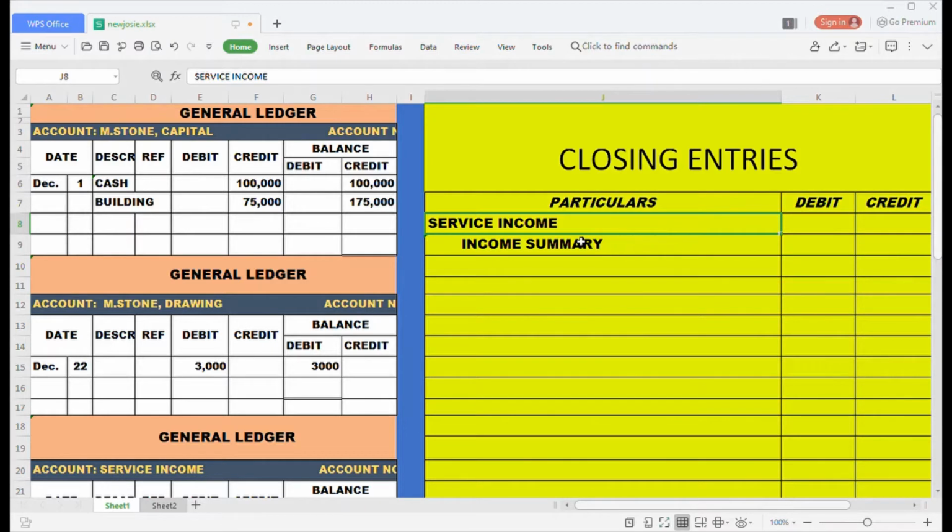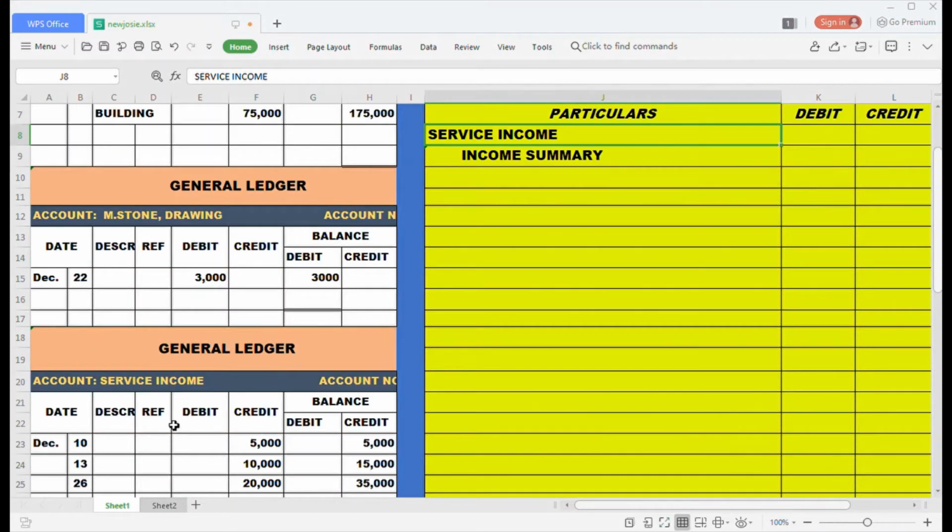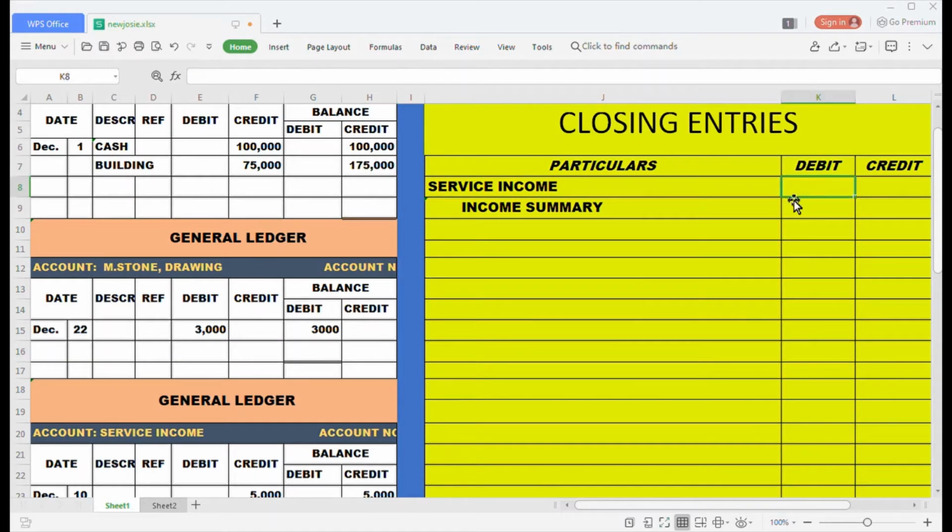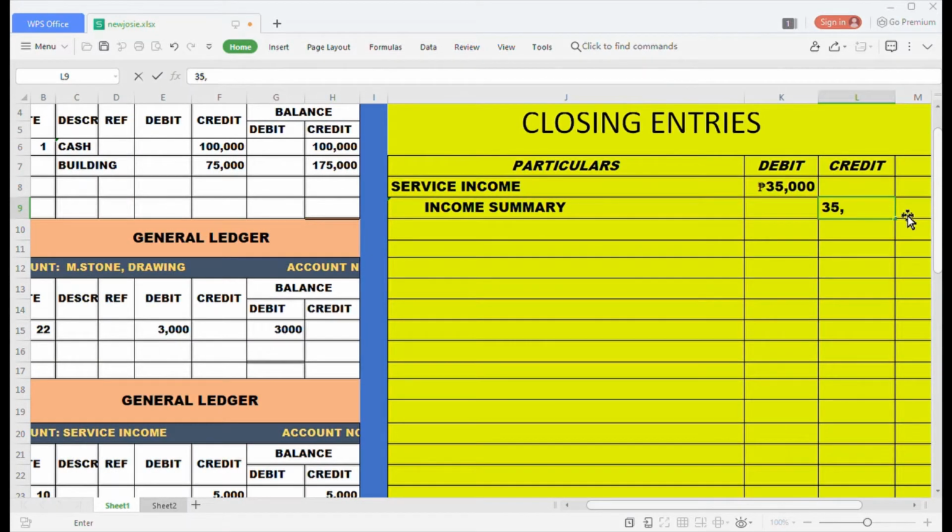So let's go to our general ledger service income account. This is our service income account, and its balance is 35,000 credit. Okay, so we do the opposite action to make it zero. So this is 35,000. So income summary 35,000.